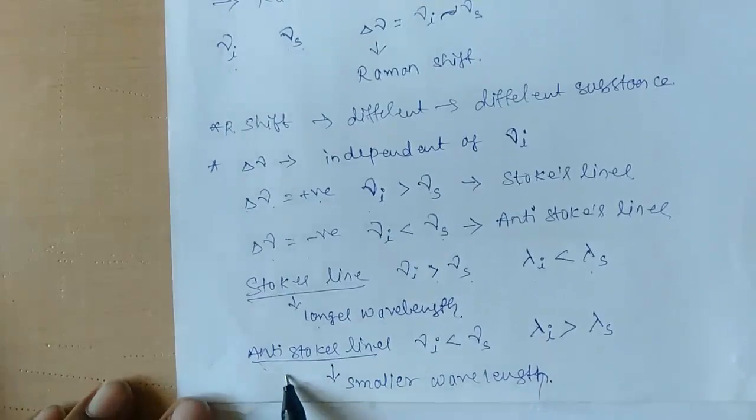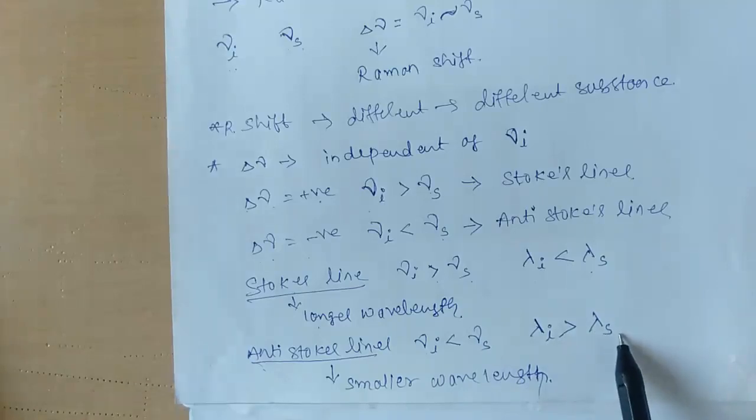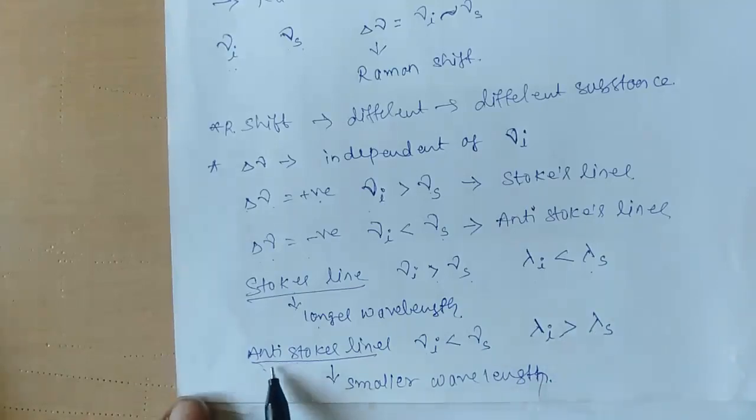For anti-Stokes lines, the frequency of the incident light is less than the frequency of the scattered light, so obviously the wavelength of the incident light will be greater than that of the scattered light. So anti-Stokes lines have a smaller wavelength than the incident light.